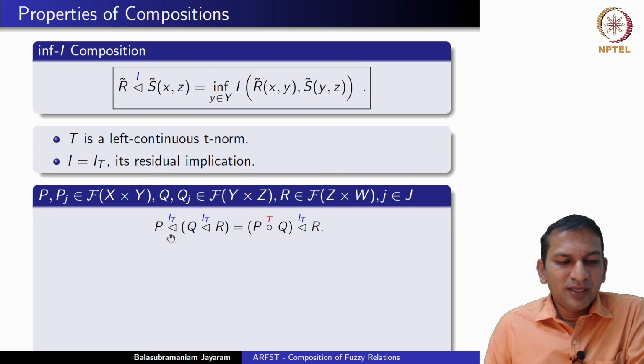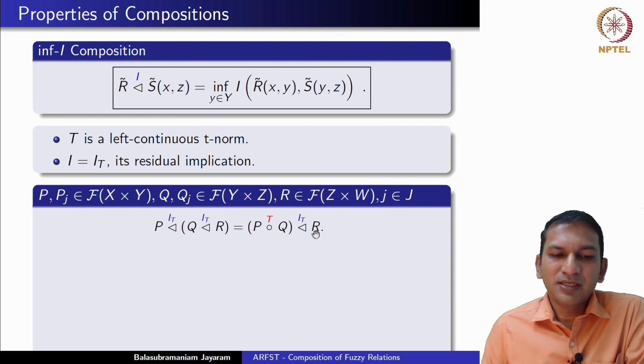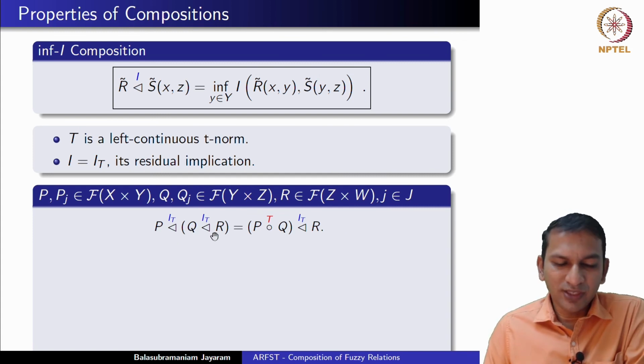Look at this. P with respect to the Inf-I or the Bandler-Kohout subproduct composition, P composed with Q composed with R is actually equal to P sup-T composition with Q and BK's composition with respect to R. So you see here, it doesn't have associativity as such, but it has some kind of an associativity, and it's with respect to the sup-T composition. Remember, T is left continuous and IT is actually its corresponding residual.